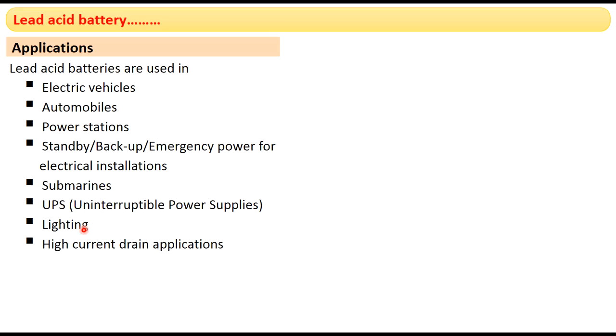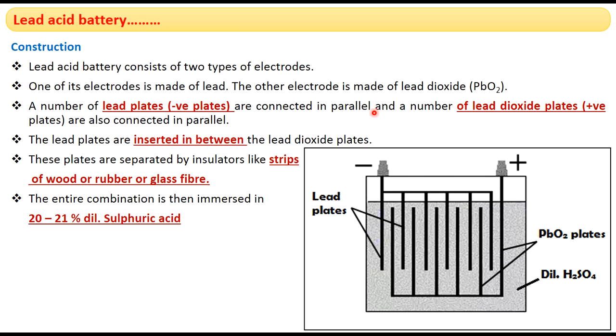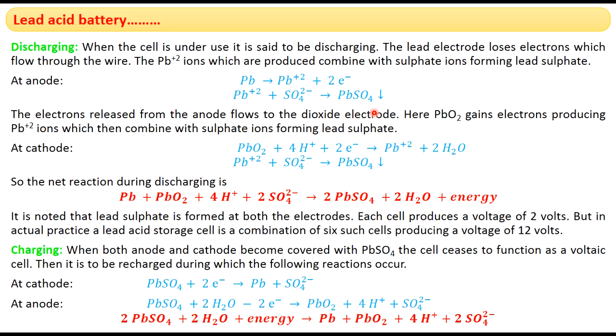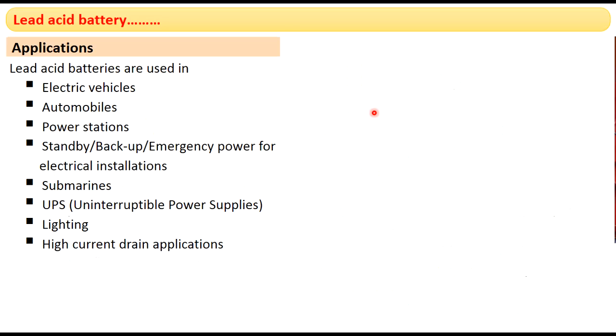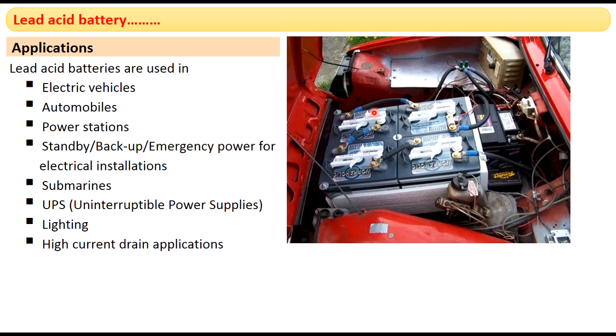These are also used for high current drain applications. So these are the applications of lead acid batteries. So this is about the construction, working, advantages, disadvantages, and applications of lead acid batteries.